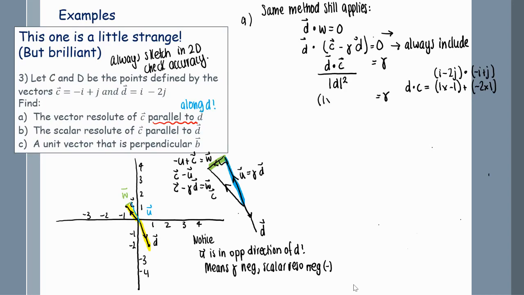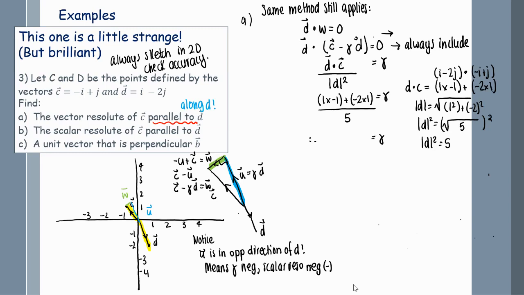D dotted with C, D is i minus 2j, C is minus i plus j. When we dot these together, we get 1 times minus 1 plus minus 2 times 1. We also know the length of D is equal to the square root of i component is 1 squared plus my j component was negative 2 squared.